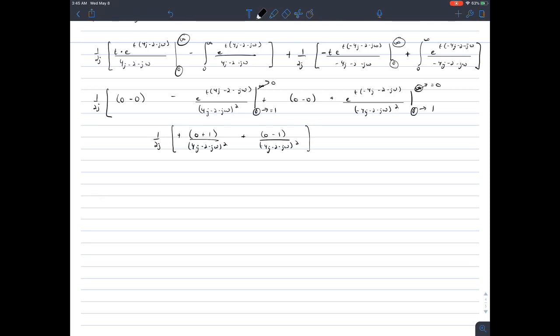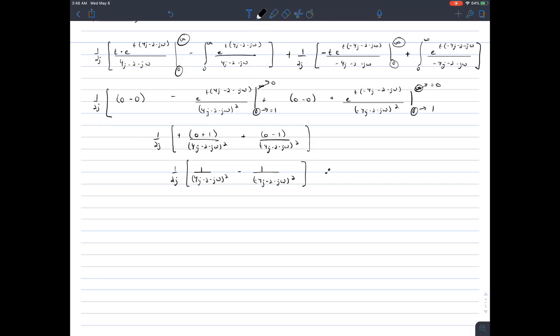So this is what we're looking at here: 1 over (4j minus 2 minus j omega) squared, minus 1 over (negative 4j minus 2 minus j omega) squared, all times 1 over 2j, and that is going to be your final answer.